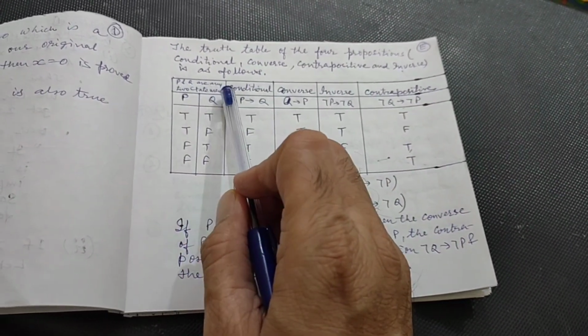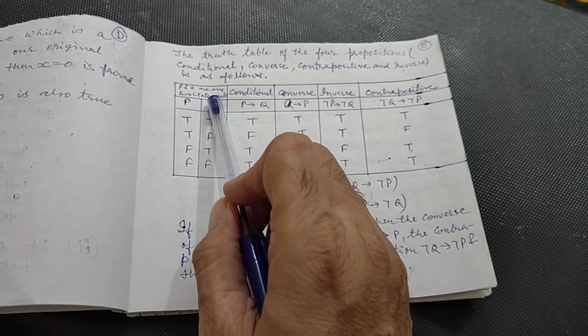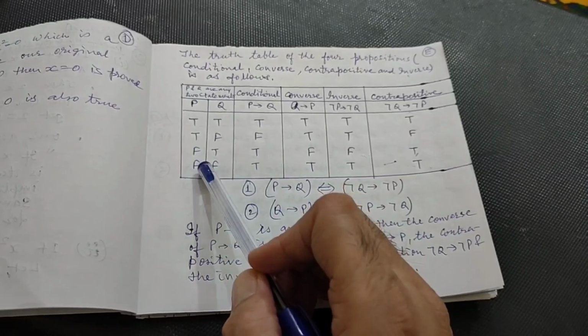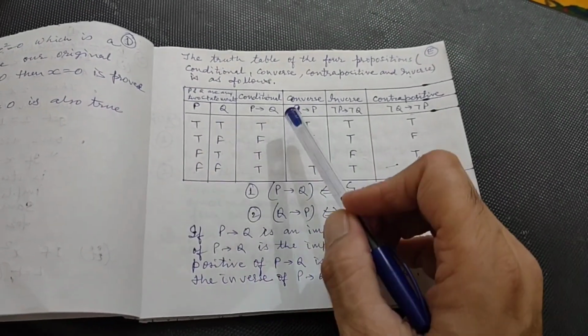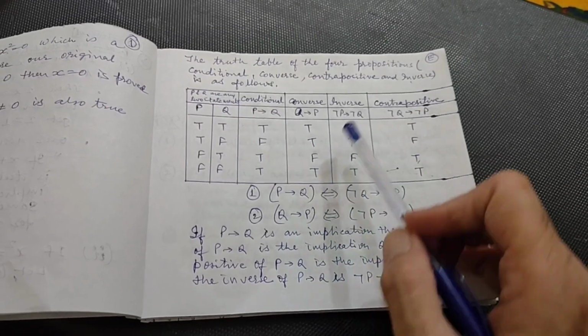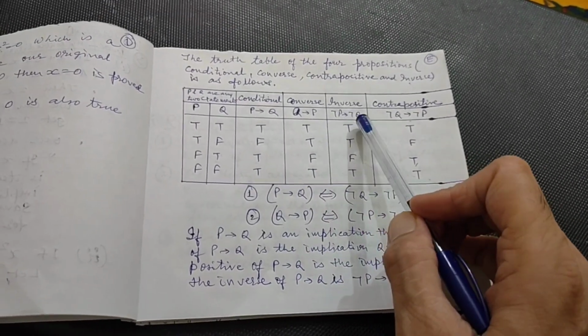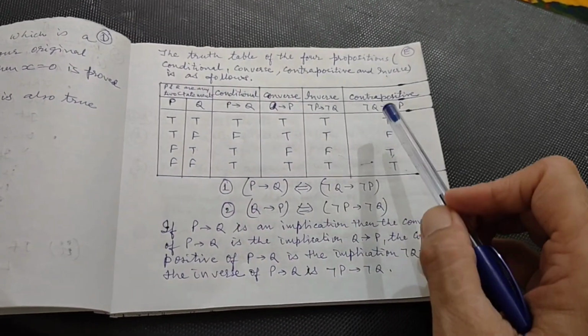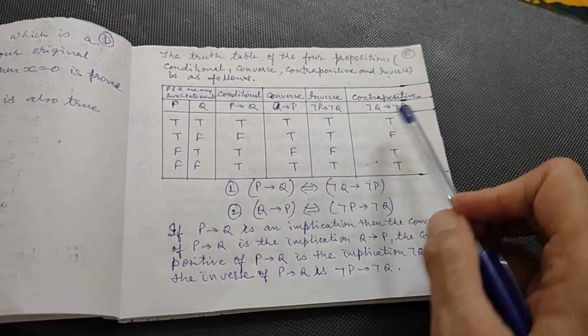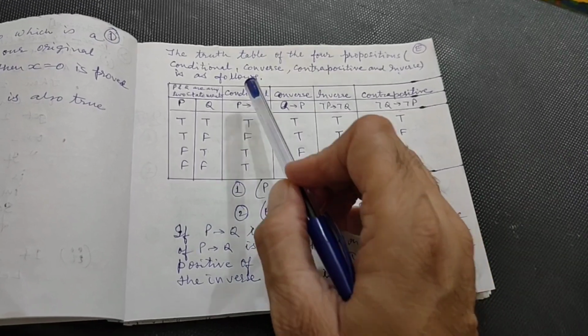The truth table of the four propositions, conditional, converse, contrapositive and inverse, is as follows. P and Q are any two statements. The columns are: possibilities of P, possibilities of Q, P implication Q, Q implication P, not P implication not Q, and not Q implication not P. P implication Q is the conditional.